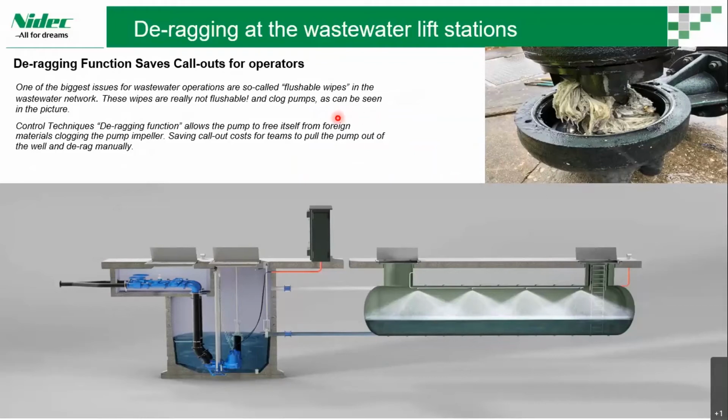One of the other issues that we hear from the water authorities around the region in Asia, also in Australia, and I think globally really, is this problem with the usage of wet wipes or so-called flushable wipes.